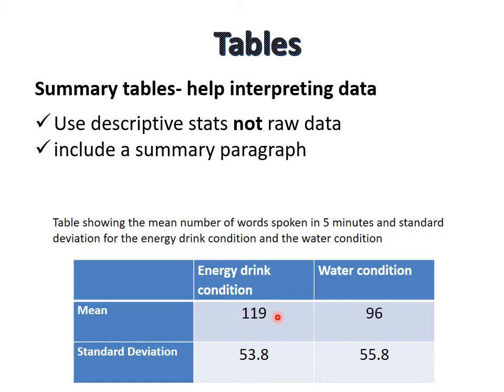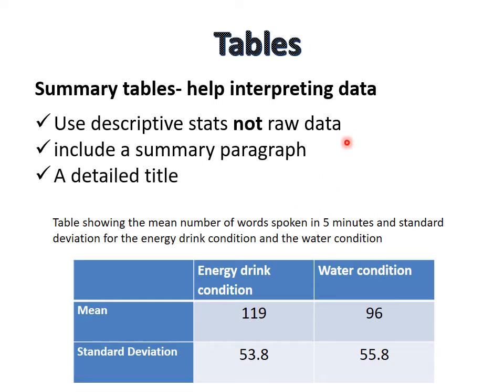The summary paragraph would then state that this suggests consuming energy drinks speeds up the amount you talk. The standard deviation suggests there's slightly more variance in the water condition than there is in the energy drink condition. So in the water condition, they were slightly more clustered around the mean. That's that one.